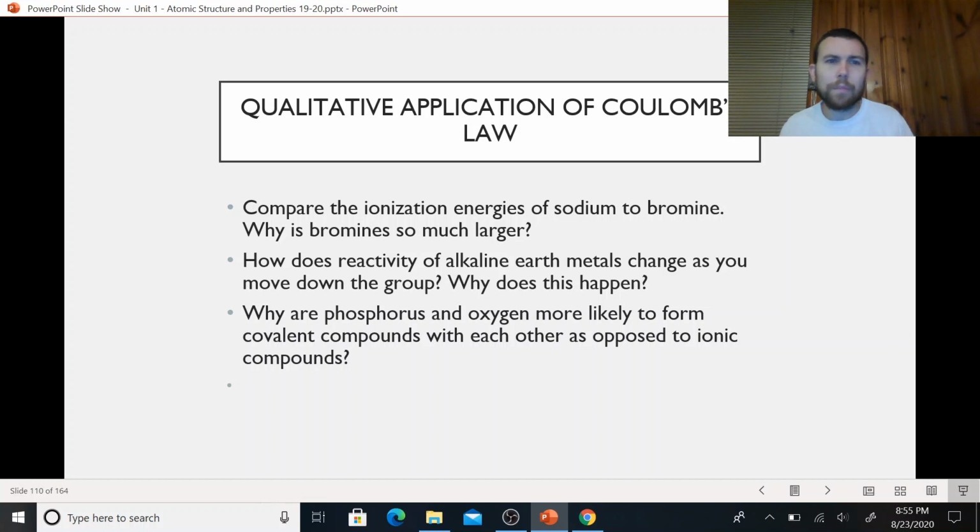than sodium will, and so it's going to be significantly more difficult to remove an electron from bromine as opposed to sodium. We could also consider, how does the reactivity of alkaline earth metals, so our group 2 metals, change as we move down the group? And then we want to ask ourselves, why does this happen? Well, what we know from the trends is that as we go from the top to the bottom, those alkaline metals get more reactive. They're getting larger.